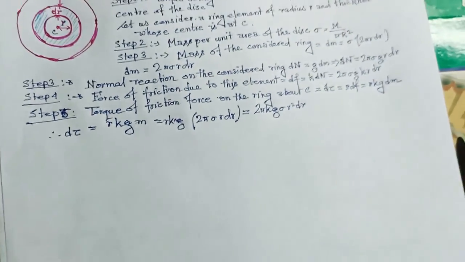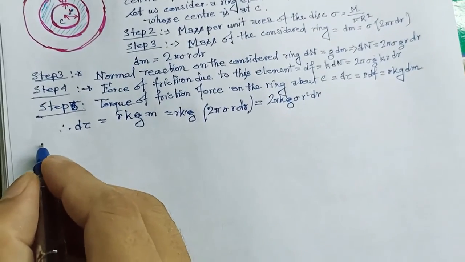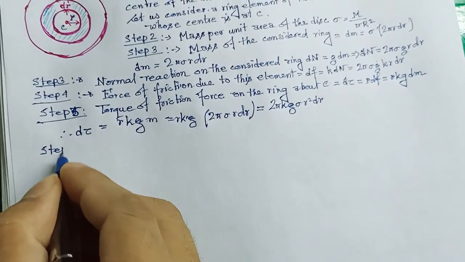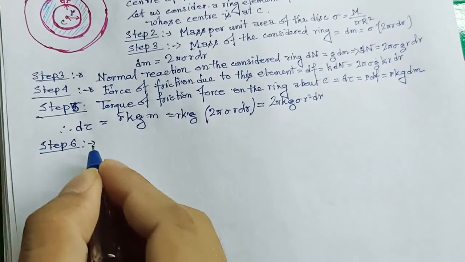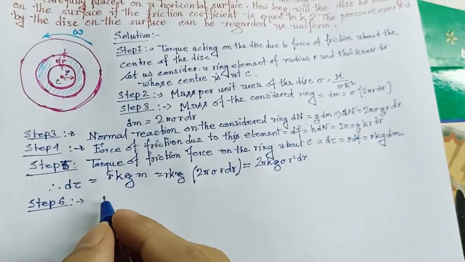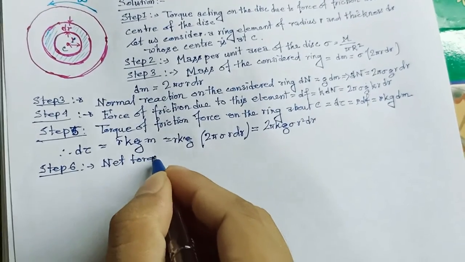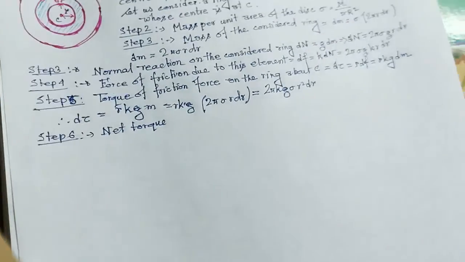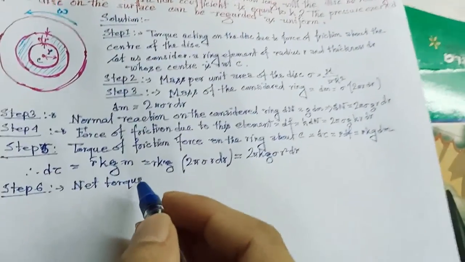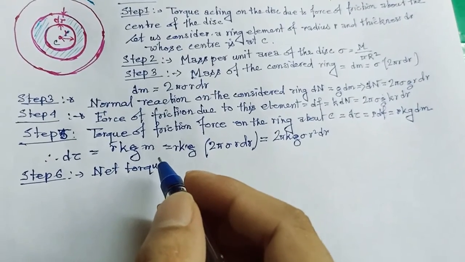Now step 7. We will find the net torque. This net torque will be equal to the summation, or integration, of all the small torques.